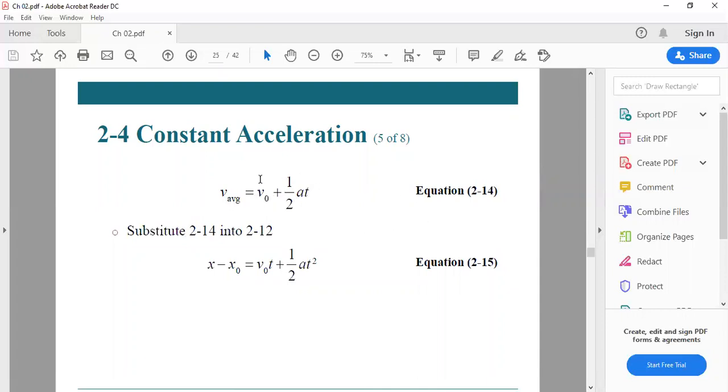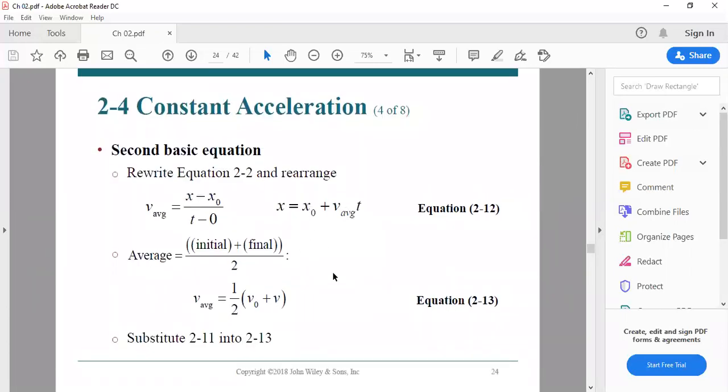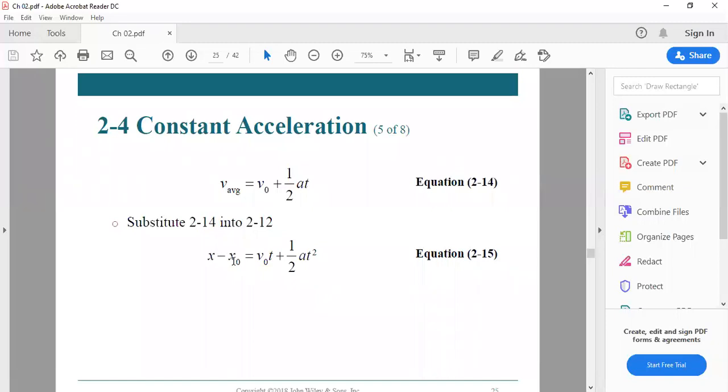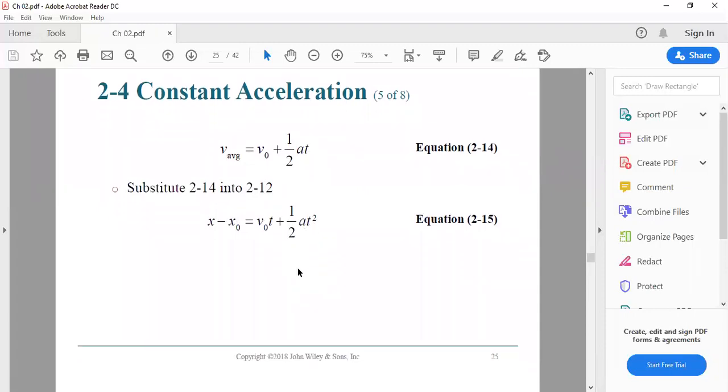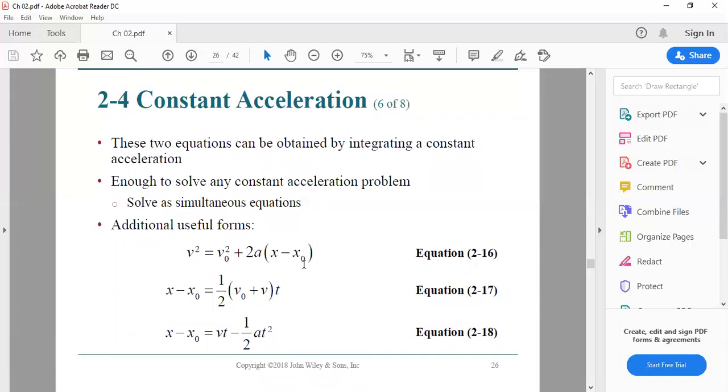If you take this and substitute it into here, then you end up with x minus x naught is equal to v naught t plus 1/2 at squared. And sometimes it's easier to see some of those with integration. I think the book will have some sort of description on that if you're interested in that.